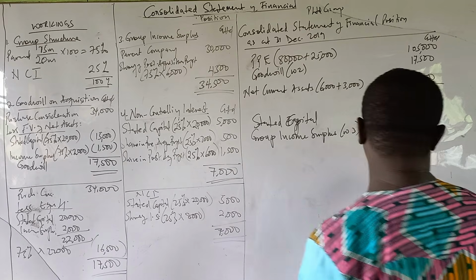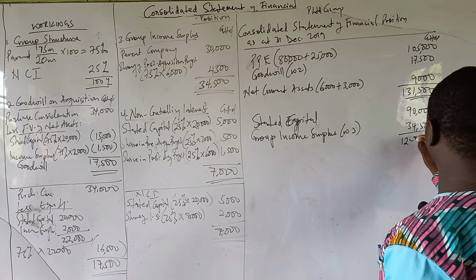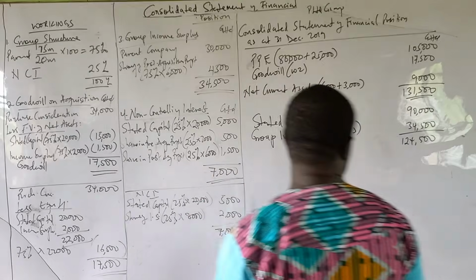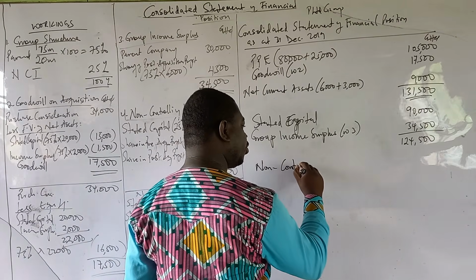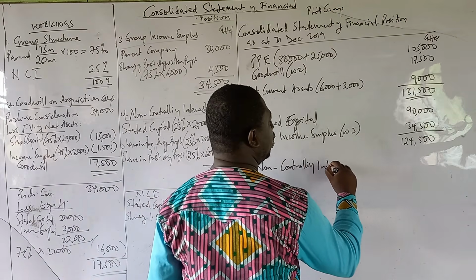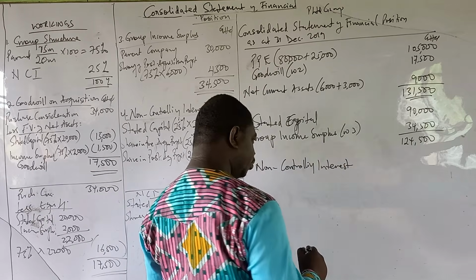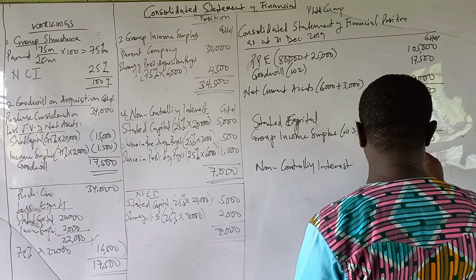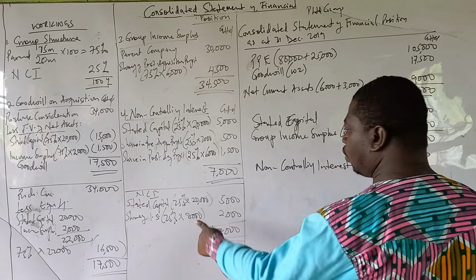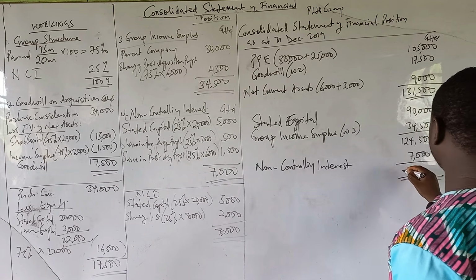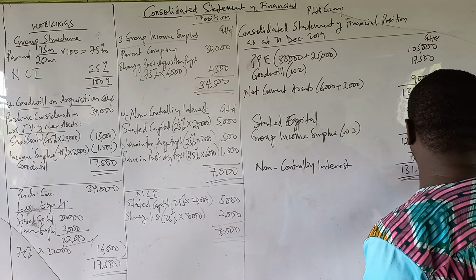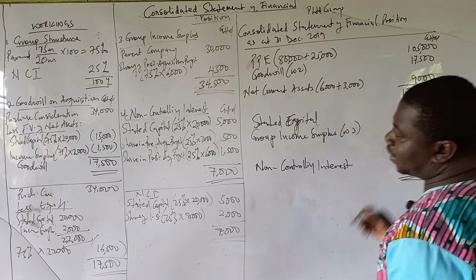So when we add that, we have 124,500. Now we can add the value of non-controlling interest. And the value of non-controlling interest is 7,000, according to the working we just did. And so that gives us 131,500. So it has balanced as well.